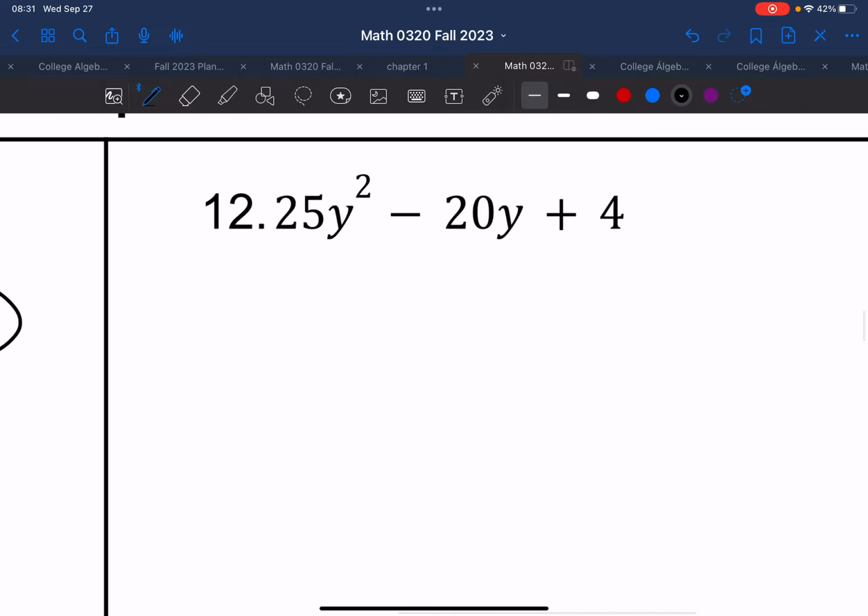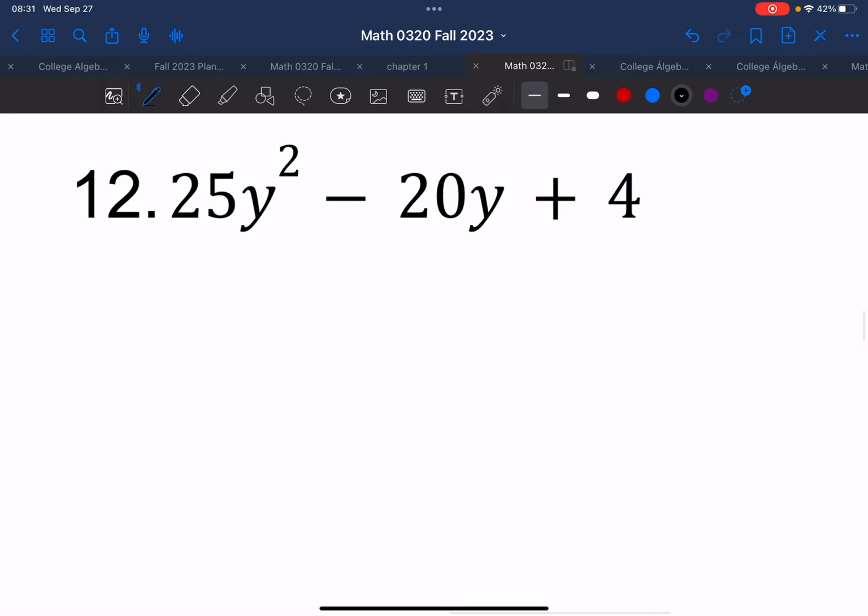Okay, now let's check our criteria for number 12. We're first looking at our a and c values, our first and last terms, and we are checking to see if they are what? Positive. So are they positive? Yes. Are they perfect squares? Yeah, they are.